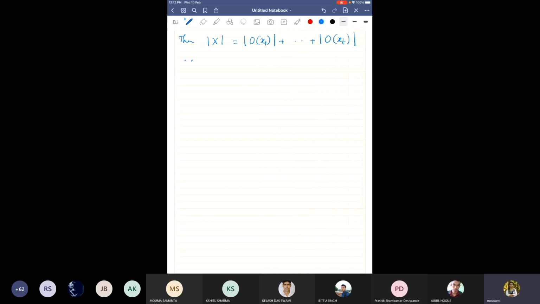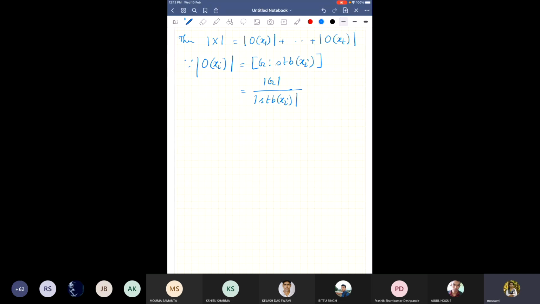Now, what is the cardinality of an orbit? It is the index of the stabilizer, so [G : Stab(xi)]. This is the order of G divided by the order of the stabilizer. We have already seen that the stabilizer is a subgroup. Now our G is a p-group, which means the order of G is p to the power of some integer.